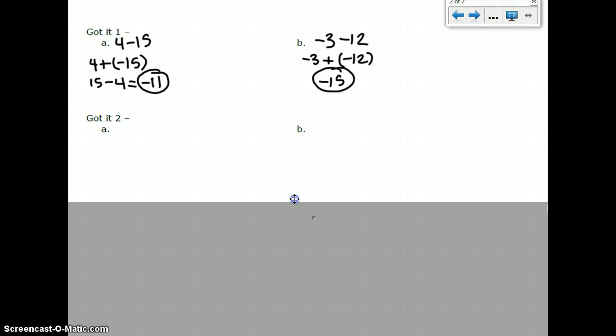Okay, Got It 2A is 18 minus a negative 2. And B is negative 5 minus negative 11. Go ahead and try these two problems on your own. When you're done, check your work and your answer up on the board with mine.